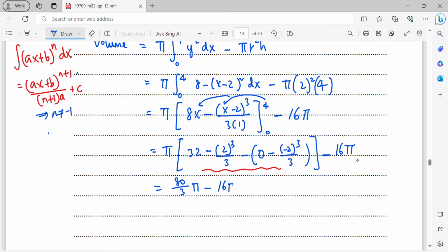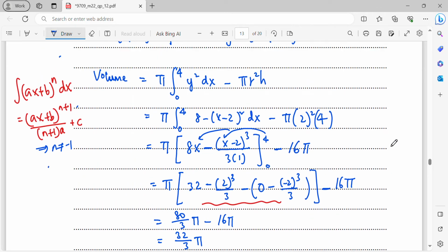Minus 16 pi. So at last, you will be getting 32 over 3 pi. So that's the volume of the shaded region after you have rotated it through 360 degrees about the x-axis.